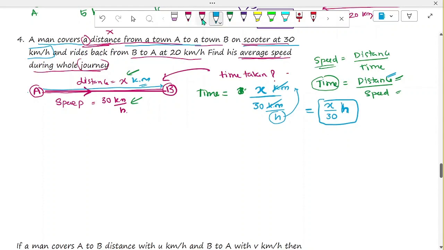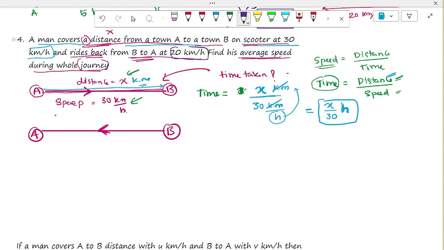Okay. Now we'll consider the same scenario. Go to the next part: and rides back from B to A. Now he is traveling back from B to A. Initially he traveled from A to B, now he is traveling back from B to A. And they have clearly mentioned the speed here.